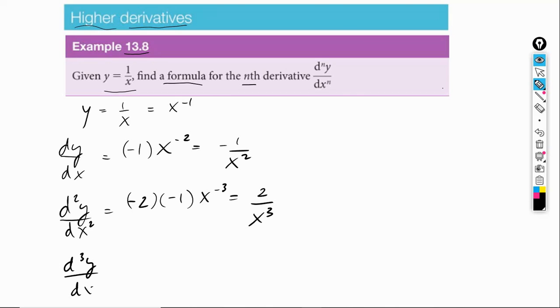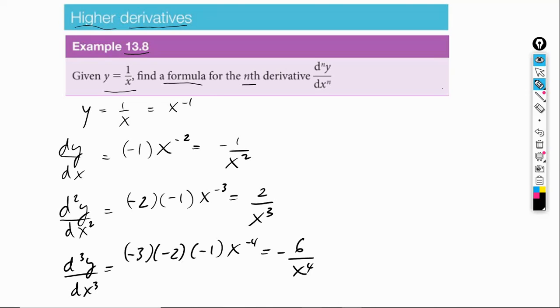So the third derivative, and notice that I'm purposefully keeping the numbers as coefficients to find the pattern. So the next one would be minus 3 times minus 2 times minus 1 times x to the minus 4, and this is equal to negative 6 over x to the 4. Okay, so let's do now the fourth derivative.